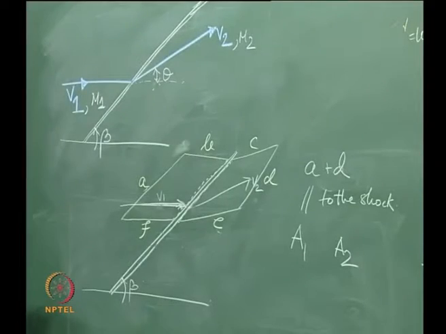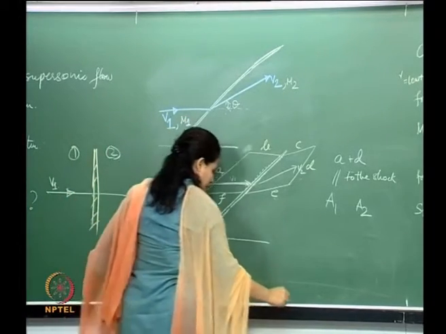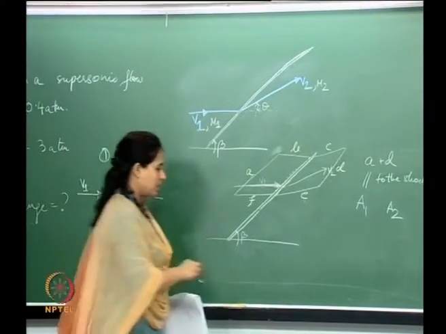Okay. Now, what we will do here is draw components of this velocity vector v1, like this.